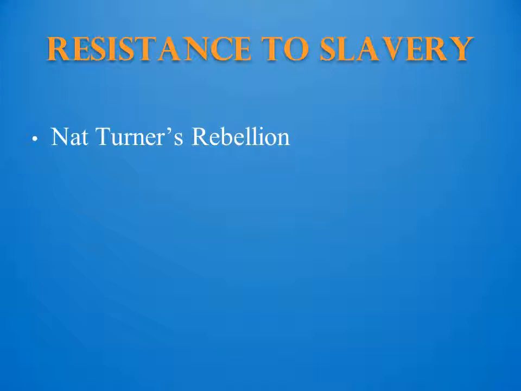Other southern states followed suit very quickly after that. The rebellion, however, did also inspire a growing movement of abolitionists in the North to further demand the immediate abolition of slavery. This sparked a reaction in the South against abolition and civil liberties that would then intensify sectional hostility between the North and the South.